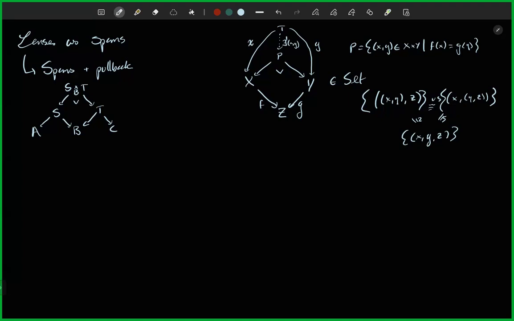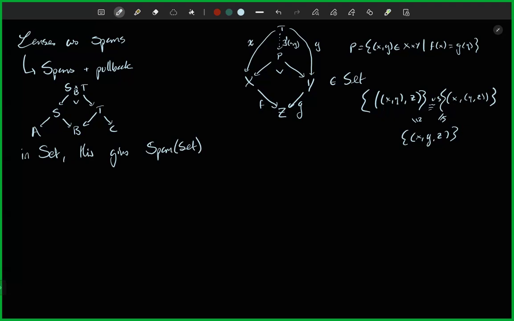Okay. This gives us this kind of thing. If these are all in Set, this gives us a construction, Span(Set). And we'll come back to what makes Span(Set) special.